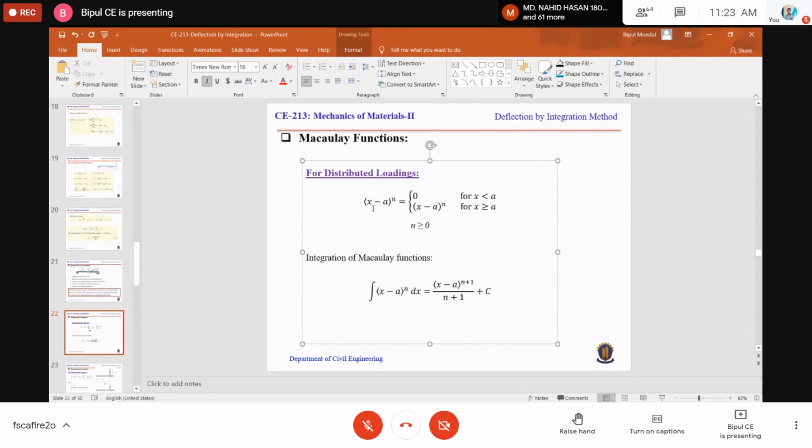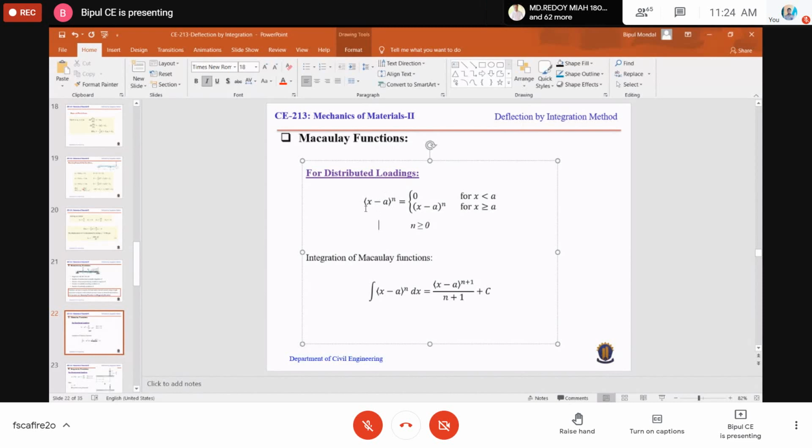So I am repeating: if x is less than a, then the numerical value within this bracket will be negative. So in that case, we will eliminate this equation. But if x is greater than a, then we will assume it is x minus a to the power n.